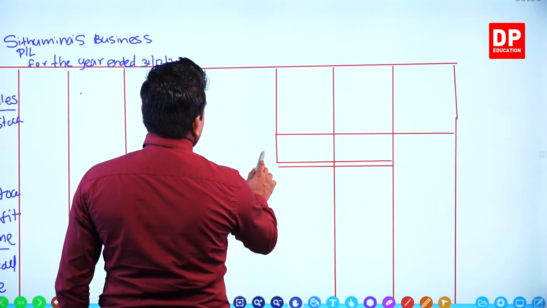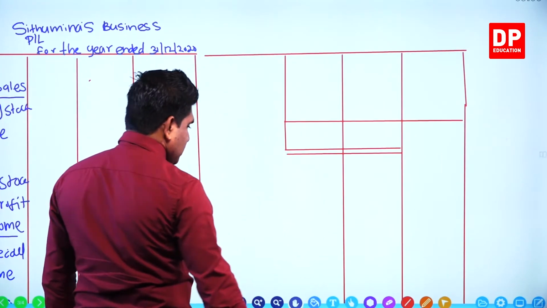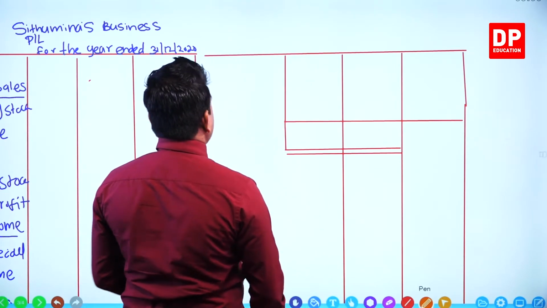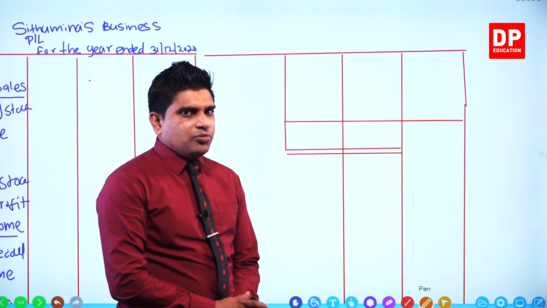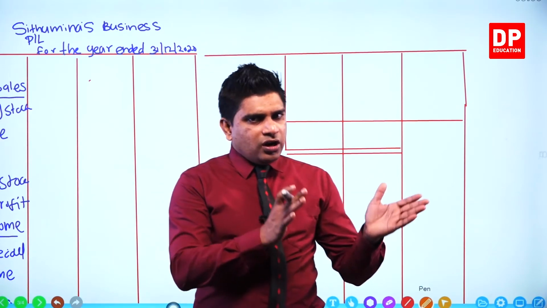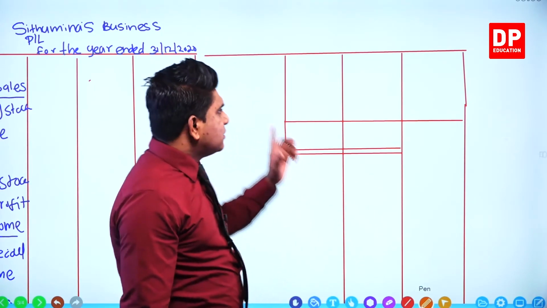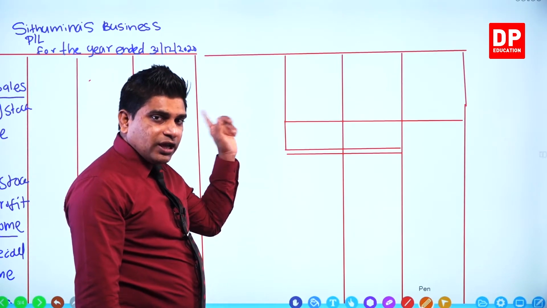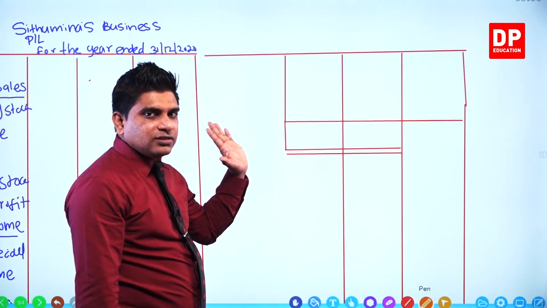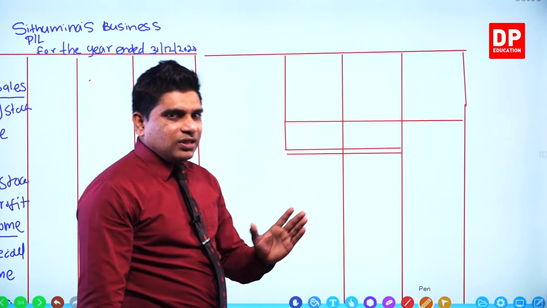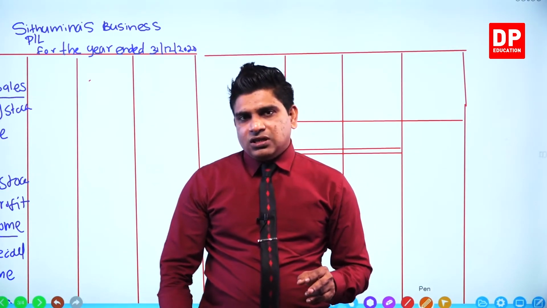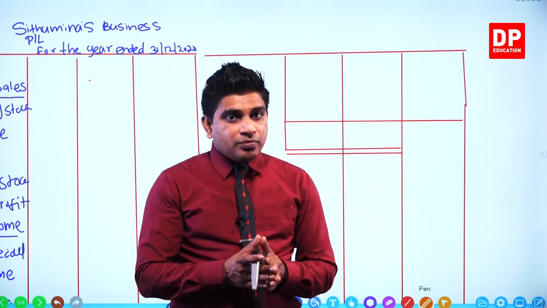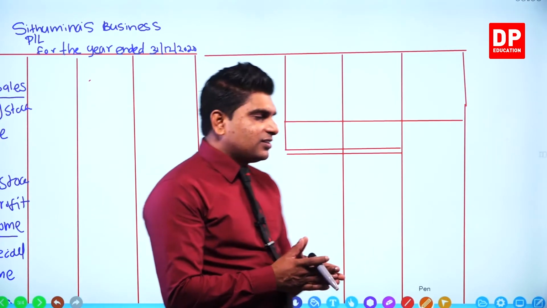Same way you write the name of the business, name of the account, and time period. You can earn 1 mark for this, right? You must remember, you can earn 1 mark in your O-level exam for writing the name of the business, name of the account and time period properly. Generally we say there are 2 business concepts, business entity concept and periodic concept, right?